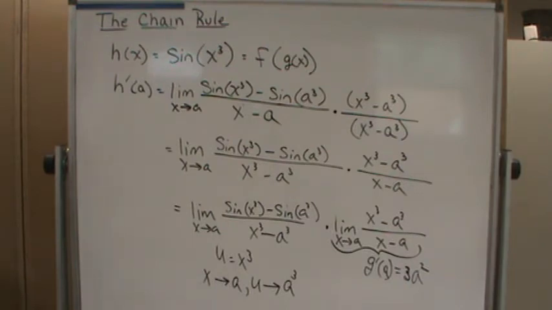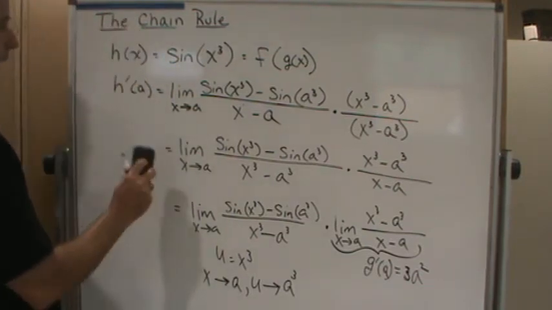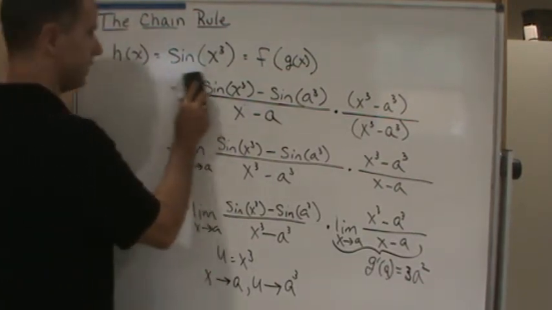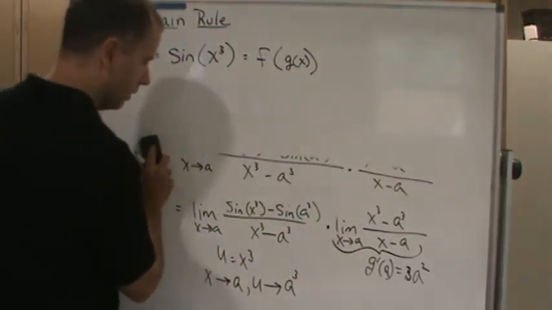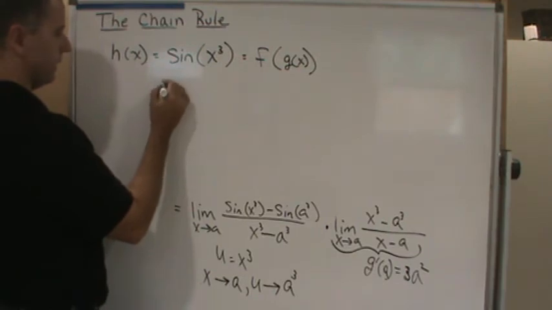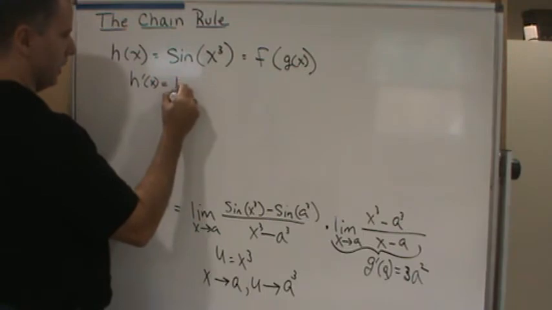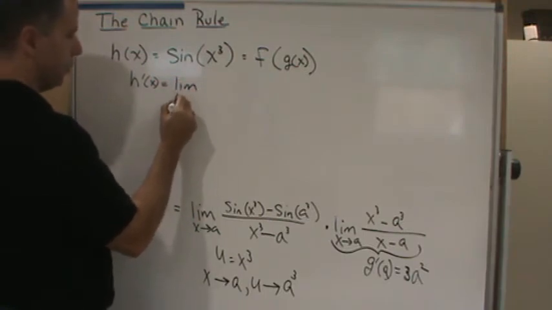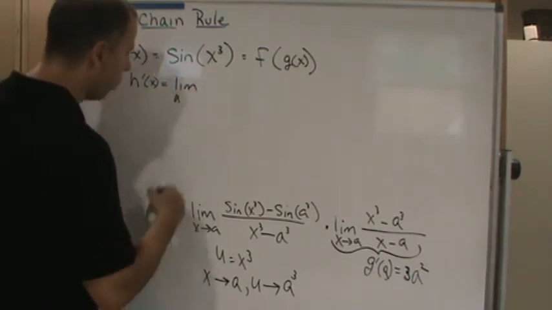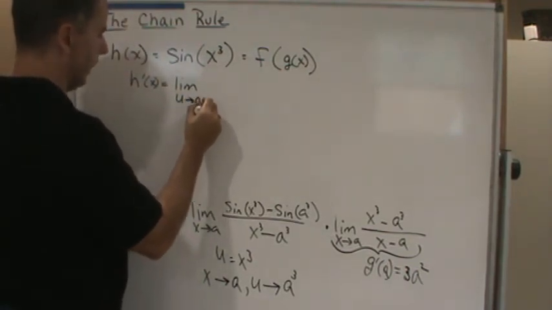So now let's make these substitutions into the limit and see what it gives us. We get the limit as u approaches a cubed.